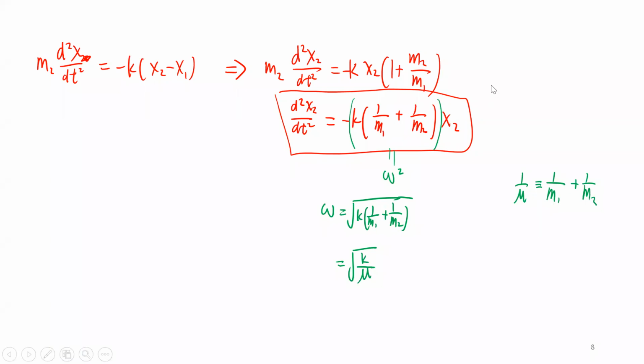Now this is one way to solve it, and this is the same way as what we did last time, which is we set up the two equations of motion and try to eliminate one of the variables. But this is not the main method that we'll be focusing on in this chapter. Instead, what we are going to do is the following.